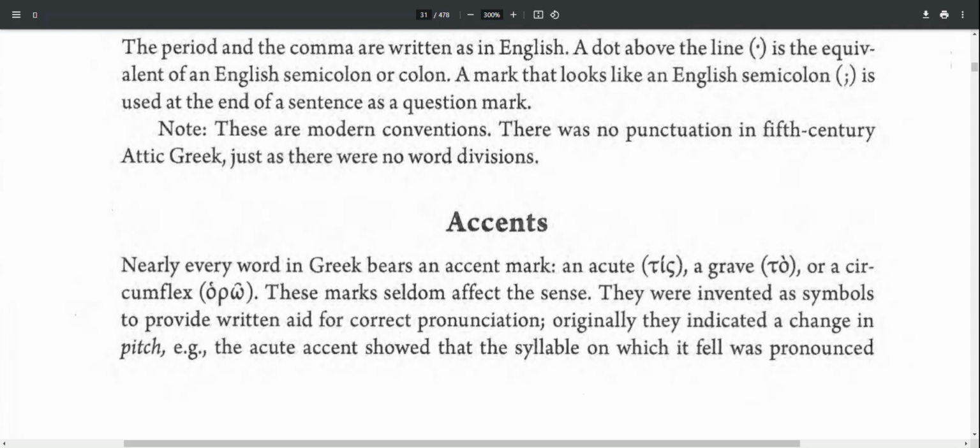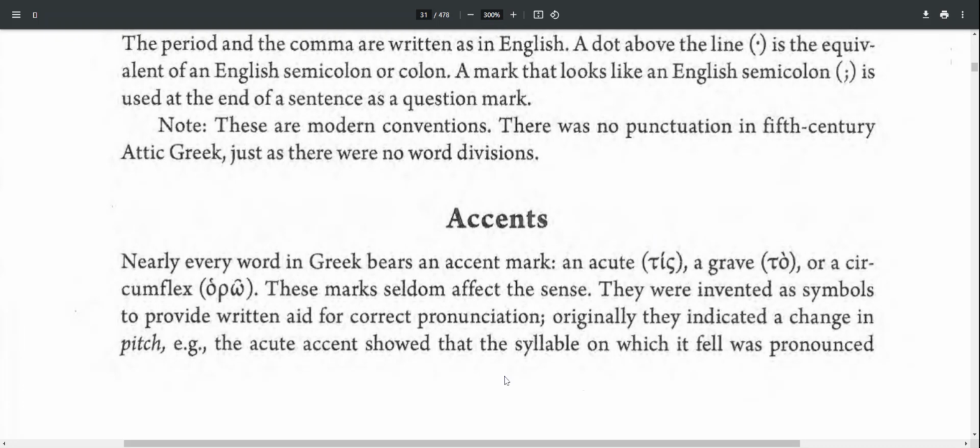The acute can be used on the last three syllables: the last one, the one before it, and the third one from the end. It's a change in the pitch. Most people say a change in tone, but it's a pitch.